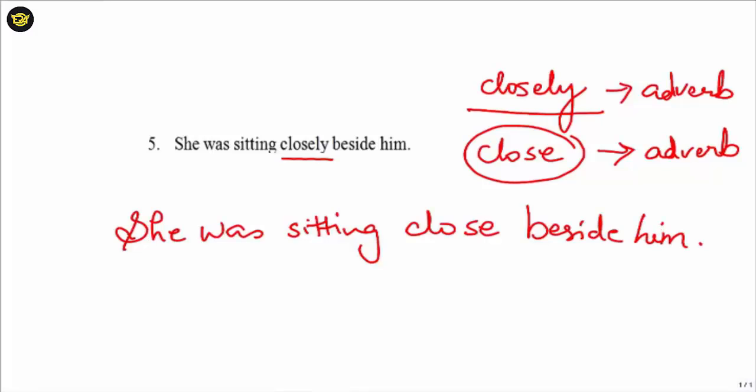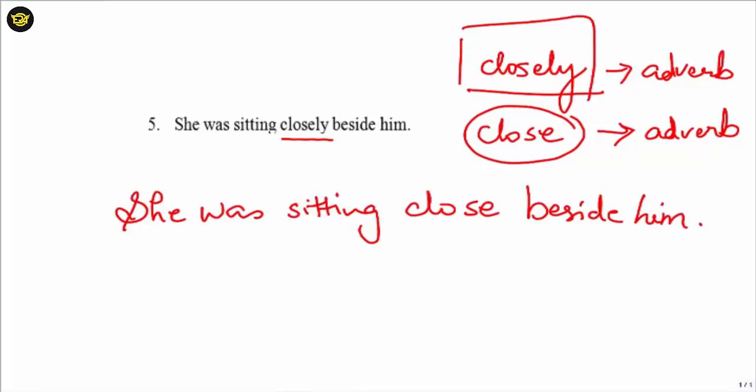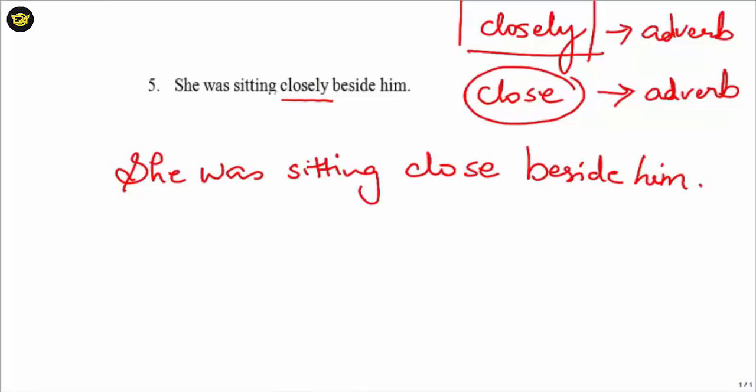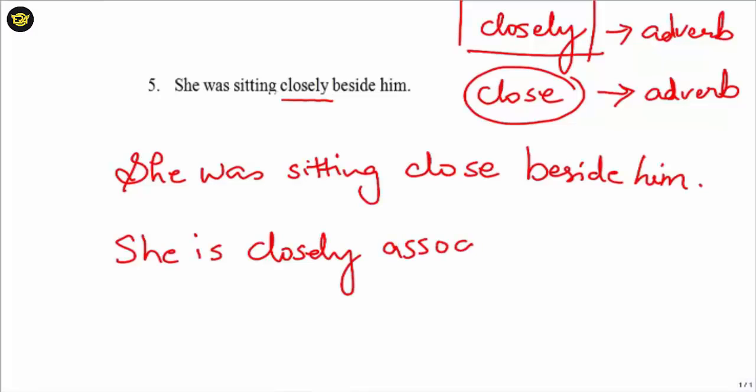Where do we then use closely? So closely is used for sentence constructions where we are showing not physical placement, but we're showing an association. Let's say she is closely associated to him.